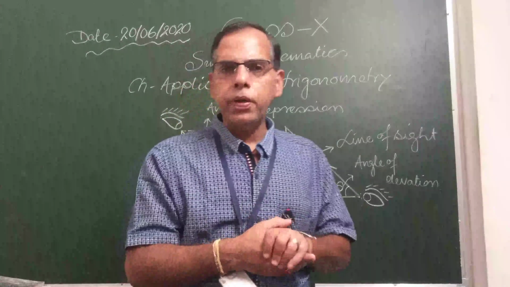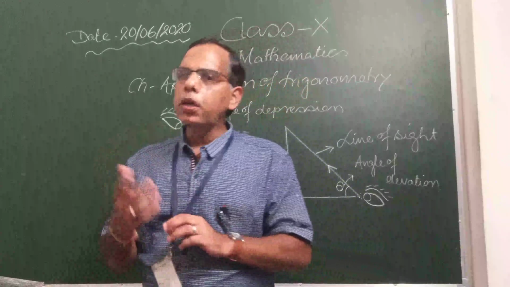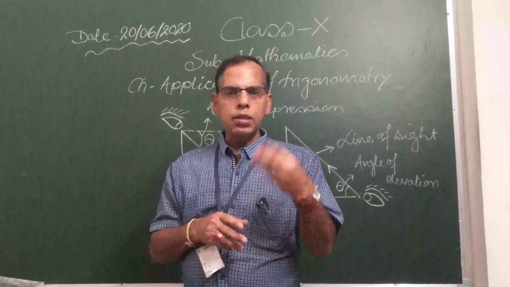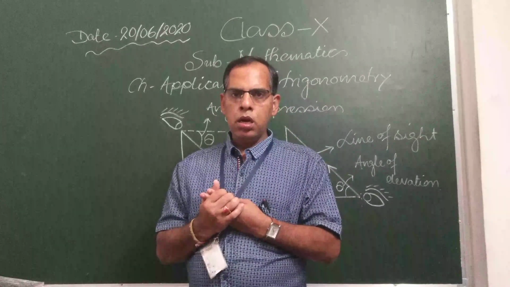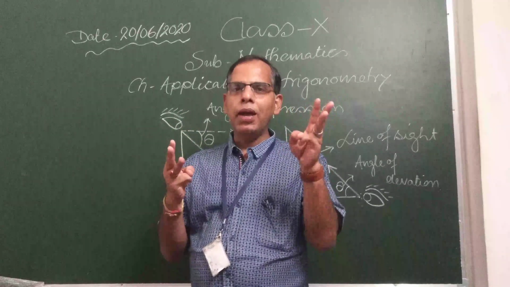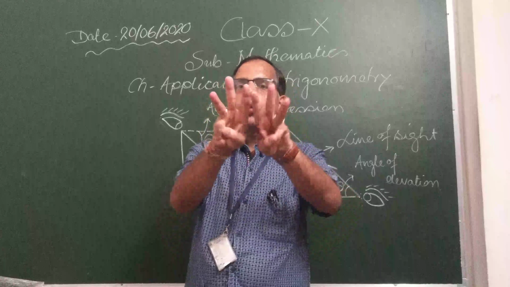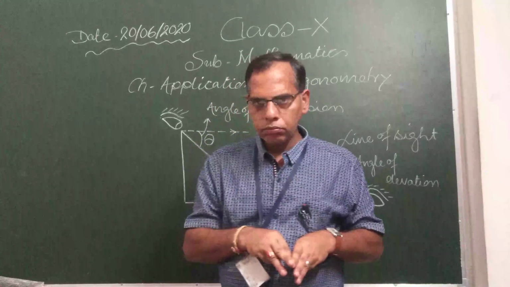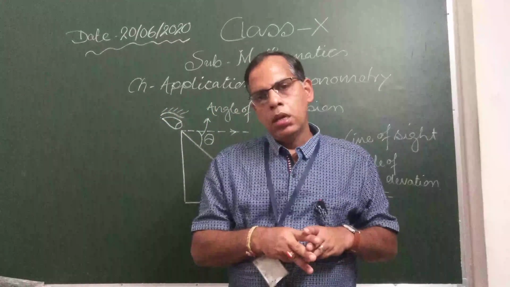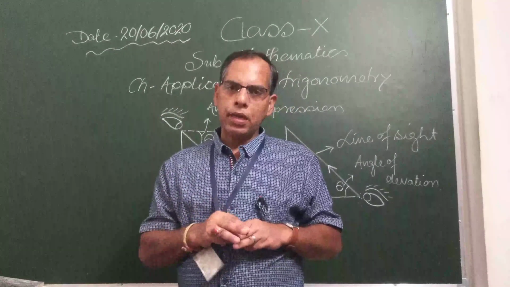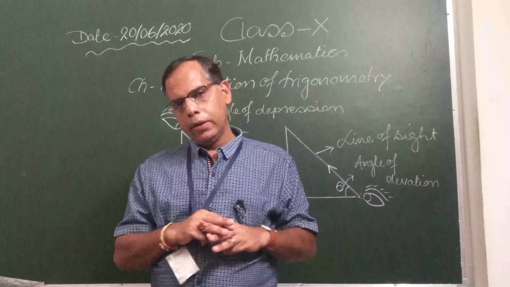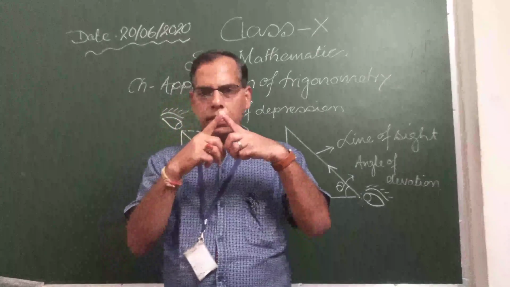You have studied trigonometric ratios, and how many are there? There are 6 trigonometric ratios, and 3 are the main ones, and their reciprocals are the other 3. So 3 plus 3 is 6. That is sine; the reciprocal of sine is cosec, and the reciprocal of cosec is sine, vice versa.